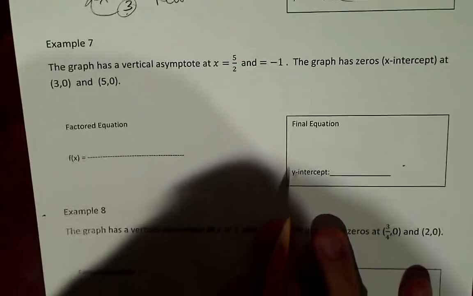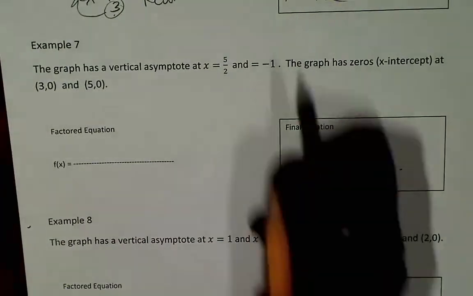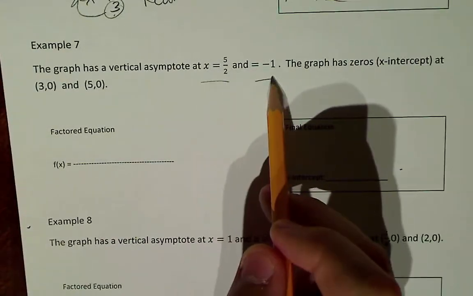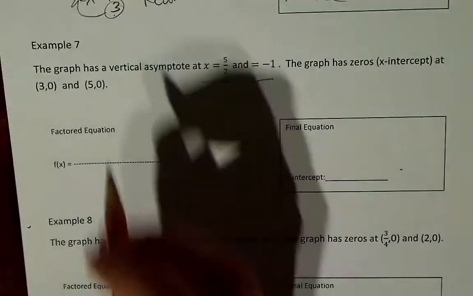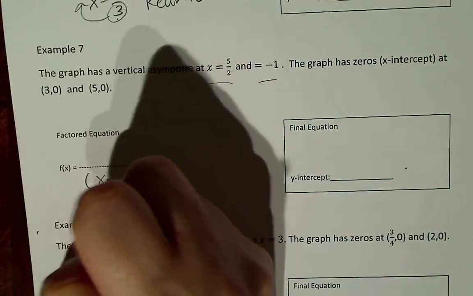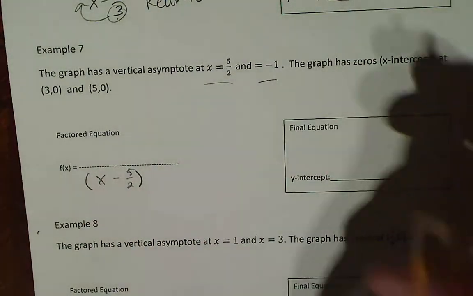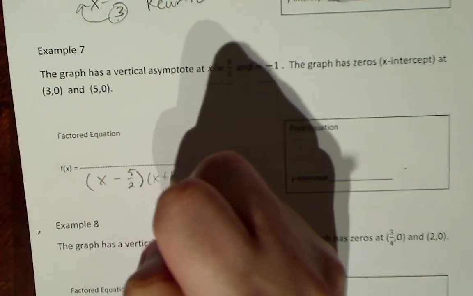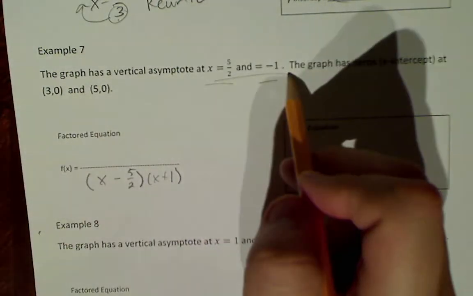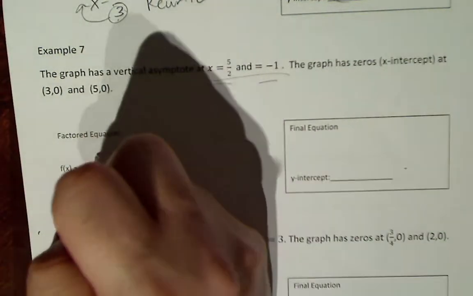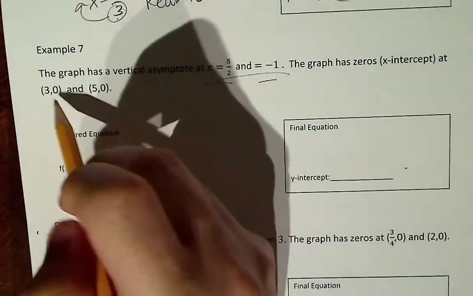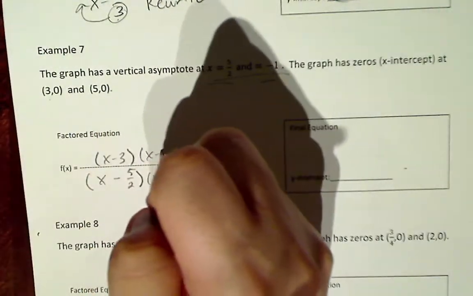So again, same thing. You have two vertical asymptotes. So here, in my denominator, I would have x minus 5/2. And then here I would have x plus 1 for this 2 right here. Then I have x minus 3 for the first 0 and x minus 5 for the second 0.